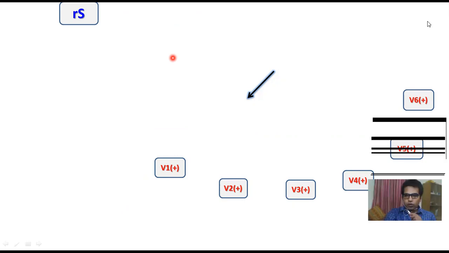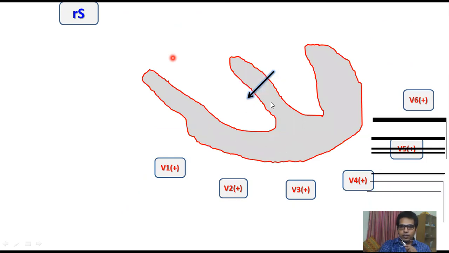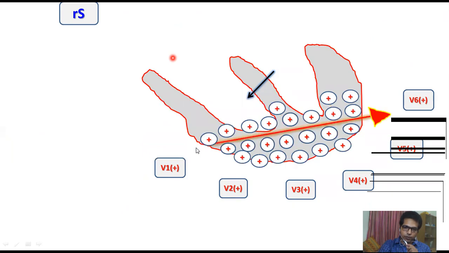Here I'm going to show you the real picture. So this is the heart, and depolarization starts at the septum from left to right, and this is the vector produced by septal activation, and this vector is moving towards the V1 lead.